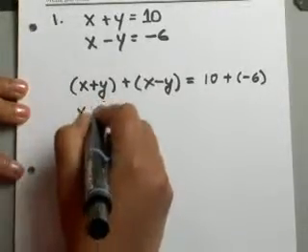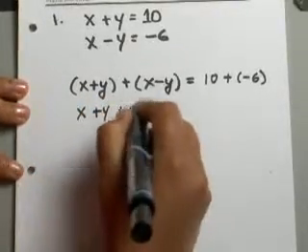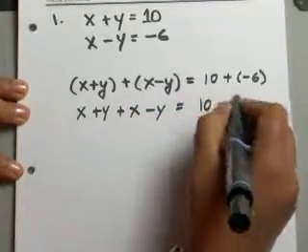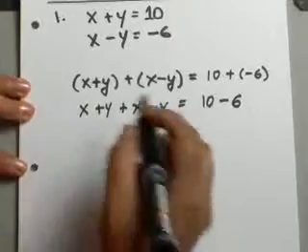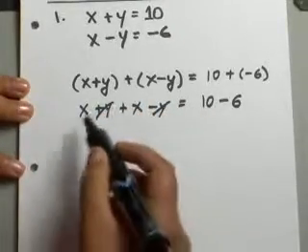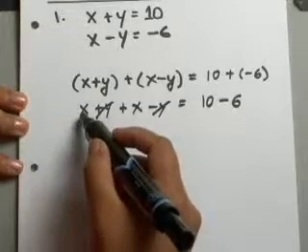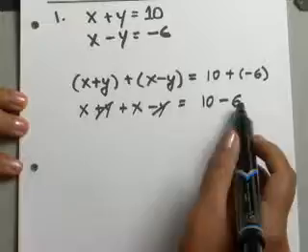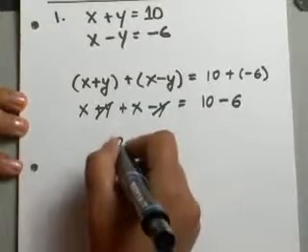This will give you x plus y plus x minus y equals 10 plus 6. Now you have a plus y and a negative y. They will cancel out, and you can see with the elimination method we are left with the two x values and a real number on the other side.